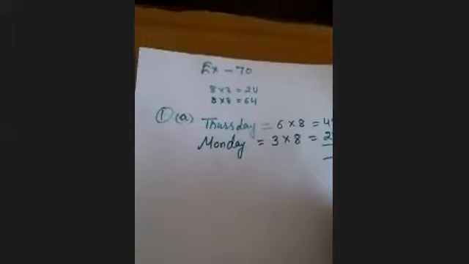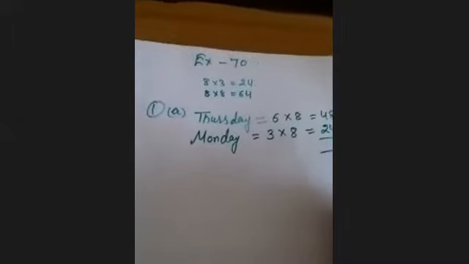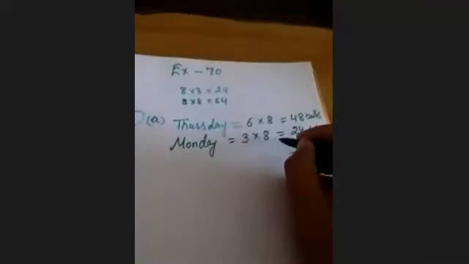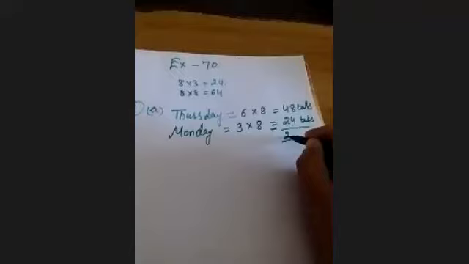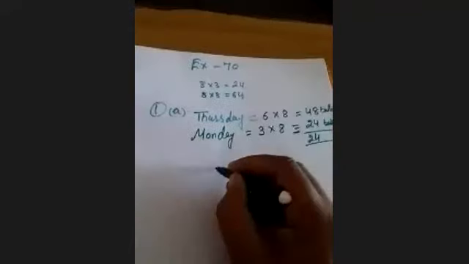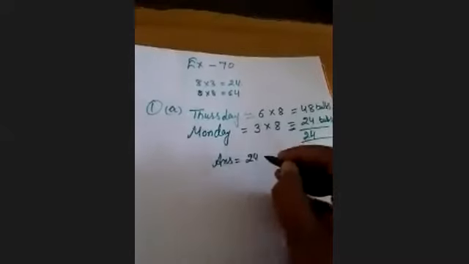Now, according to you, how many more bulbs were sold on Thursday than on Monday? Now, subtract and find the answer. 48 minus 24 is 24. So, your answer is 24 bulbs.